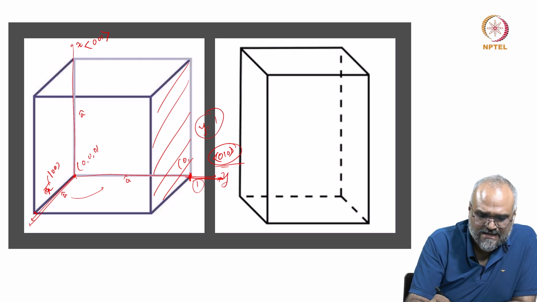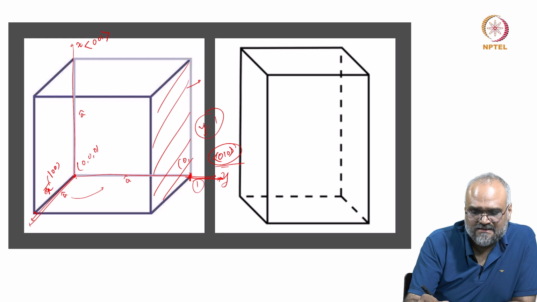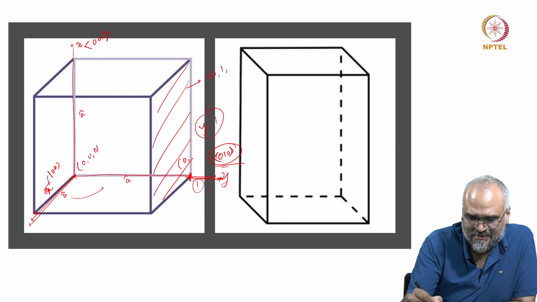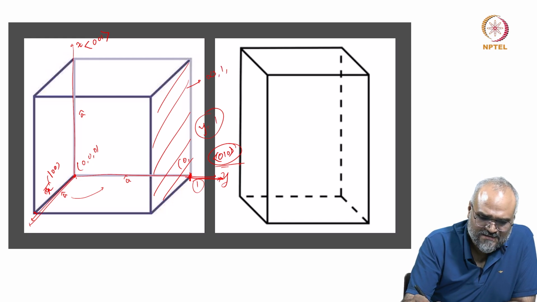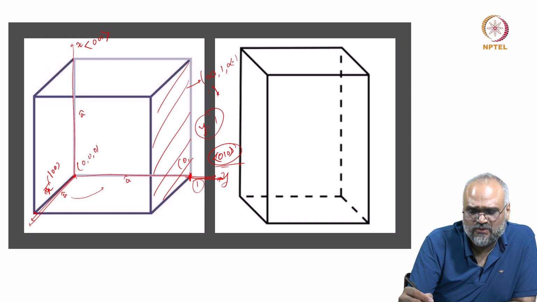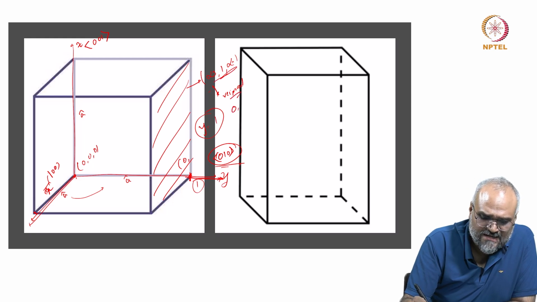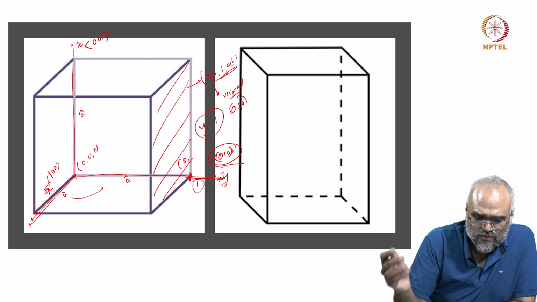So, I have to take the value of intercepts as intersecting the x-axis at infinity, the y-axis at 1, and the z-axis at infinity again, and then you take the reciprocal of these intersection points, and then you say that my Miller's index for this direction is 0, 1, 0.